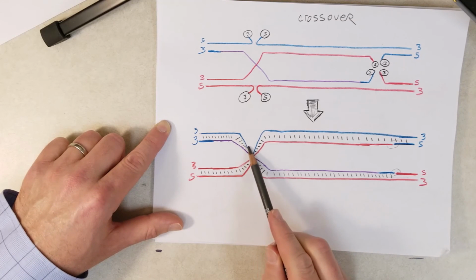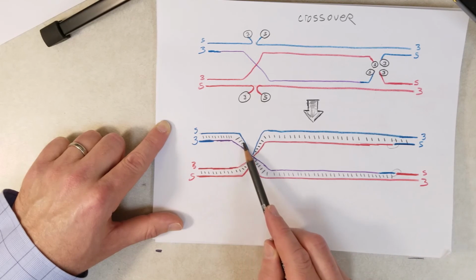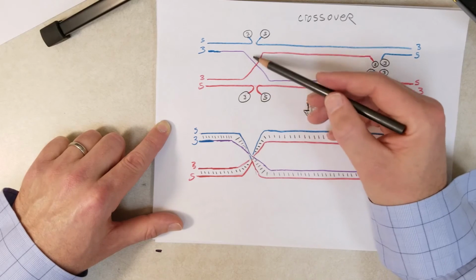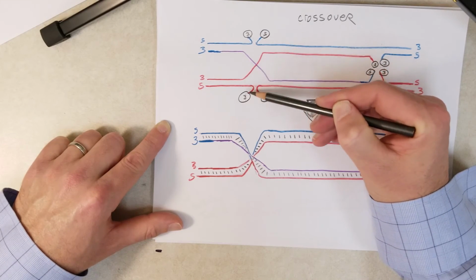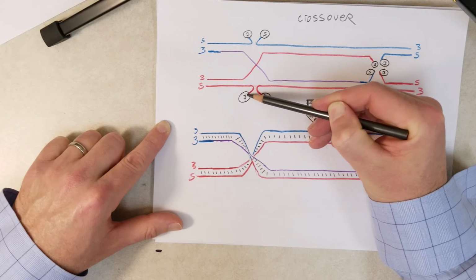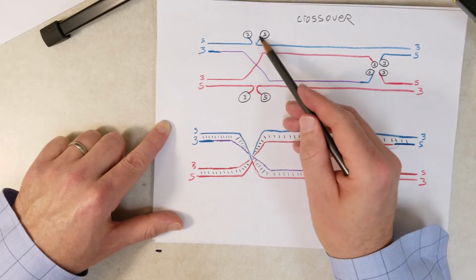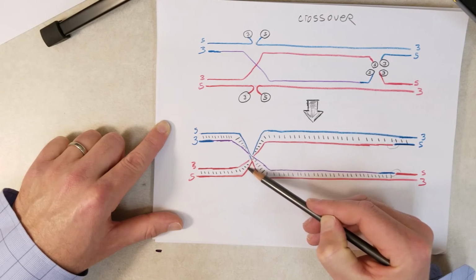I have this DNA molecule twisting 180 degrees to show how this strand right here is now connected down here. Same thing for this one. This 5' used to be here. Now it's going to get ligated down to that 3'. So here we go. That 5' is blue. It's going to be connected to that red 3'. So we have the blue coming down to this red down here.